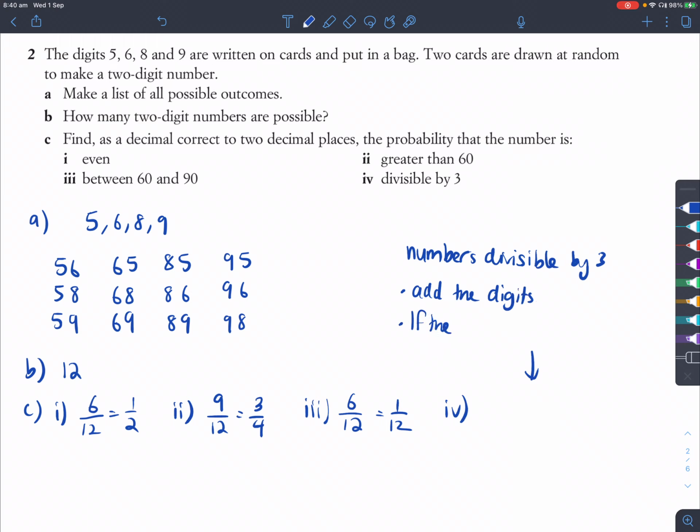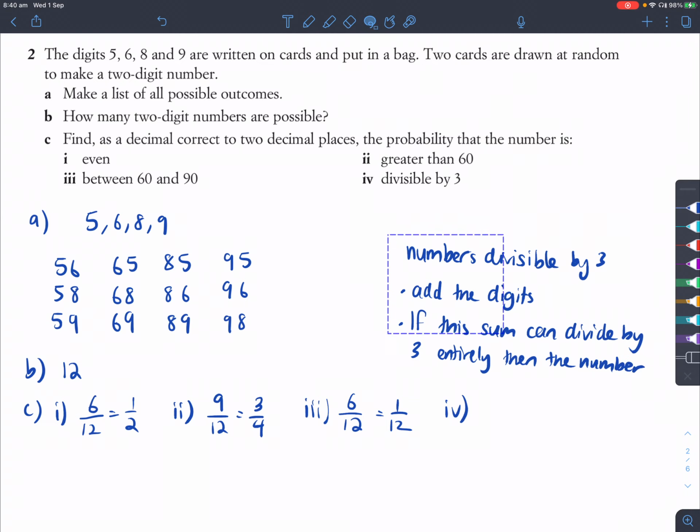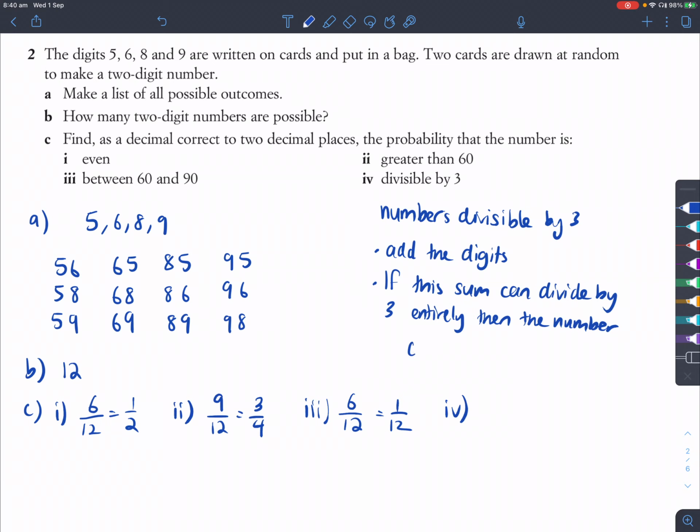Then if the sum, sorry, if this sum can divide by 3 entirely, then the number can divide by 3. Right, so now let's have a look at this.